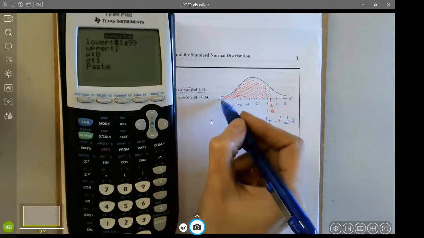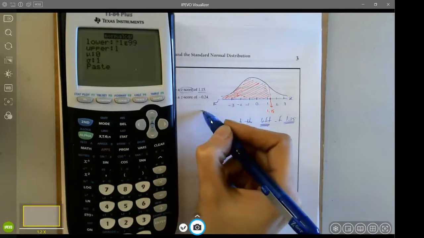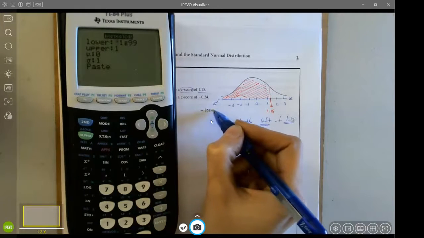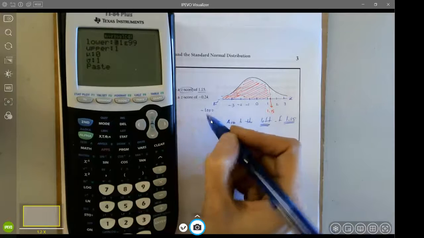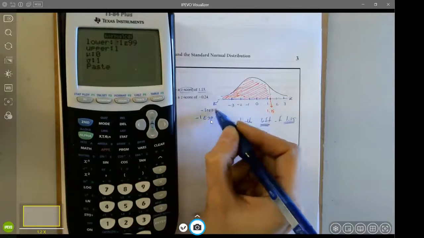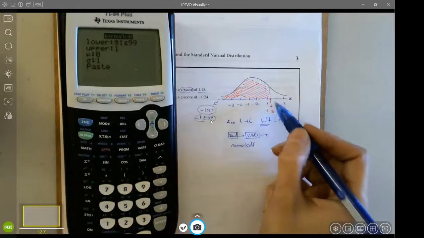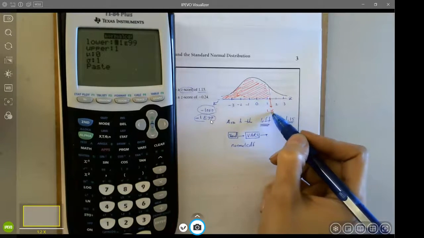So instead of writing an exact number, you can use -1,000 or -10,000 or -1E99. And the number on the right-hand side where you stop is 1.15.